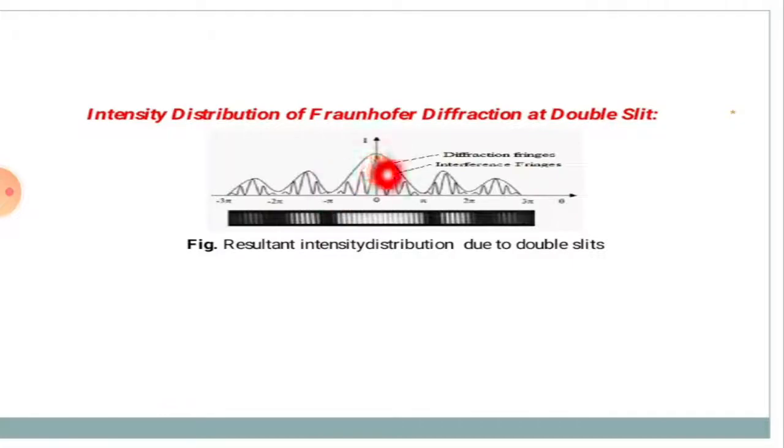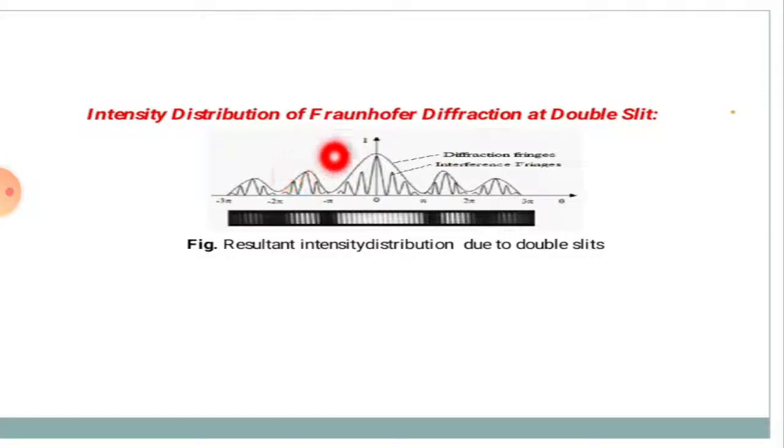The interference curve represents the variation of intensity with respect to beta. This gives the interference fringes, and the outer curve represents the variation of intensity with alpha, which gives the diffraction fringes.